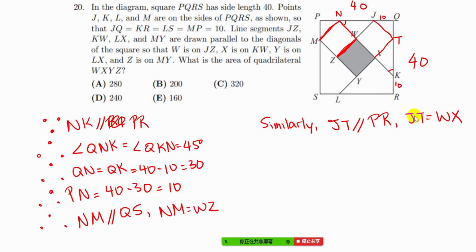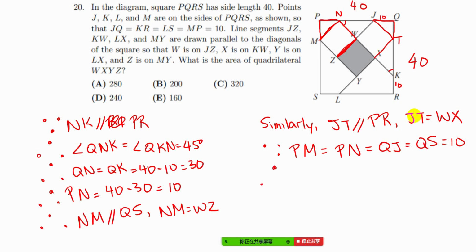And then because PM equals QJ equals QS equals 10, so PM, PN, QJ, and QS all equal 10.